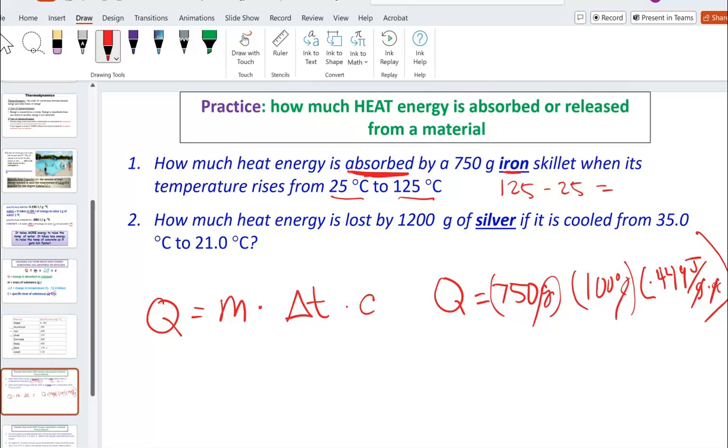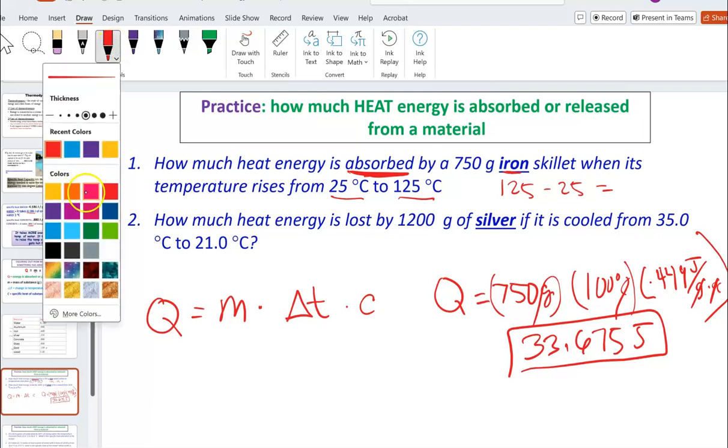So I'm going to multiply straight across. 750 times 100 times 0.449 is going to give me 33,675 joules of energy. So our iron skillet, when the temperature goes up by 100 degrees, is going to absorb 33,675 joules of energy.